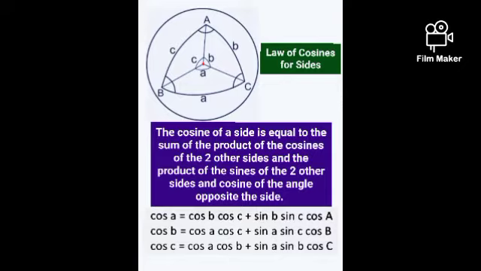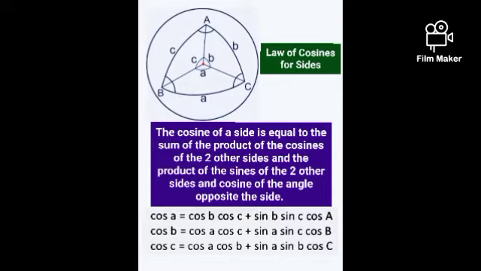If you are considering side small a, the other two sides will be side small b and side small c, and the angle opposite side small a is angle A. By the law of cosines for sides, the cosine of small a is equal to the sum of the product of the cosines of the other two sides, small b and c, and the product of the sines of the other two sides, small b and c, and the cosine of the angle opposite the side.